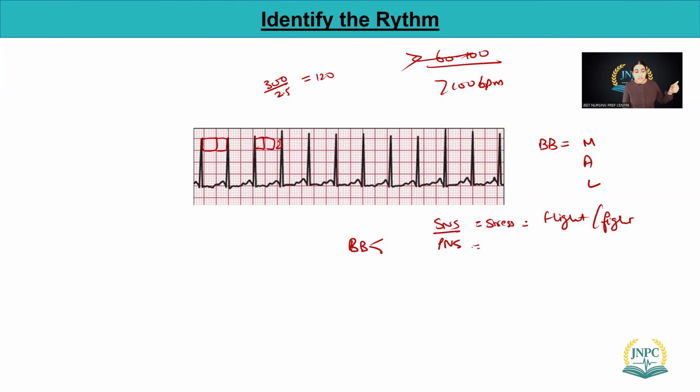PNS is your rest and digest. So now we need to stop this activity. Beta blockers work with the sympathetic nervous system, so we're trying to block it. When we block it, it will reduce the heart rate, putting everything down. But I always used to give this example to my students.